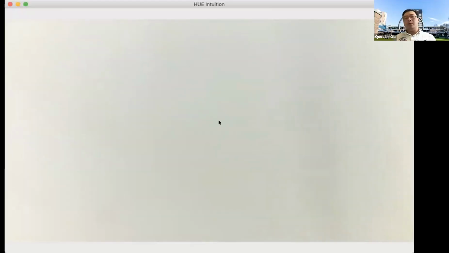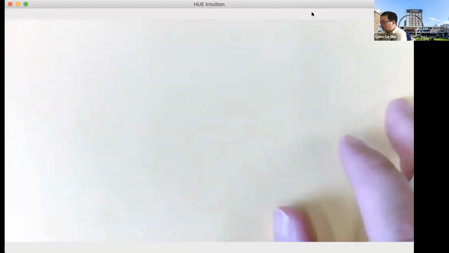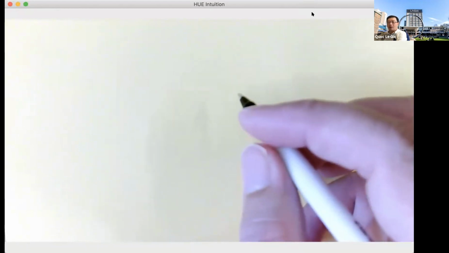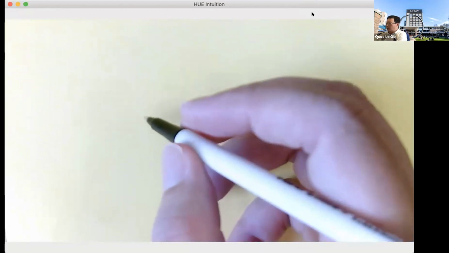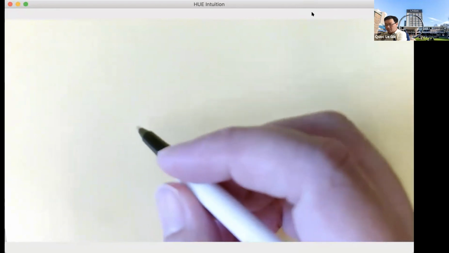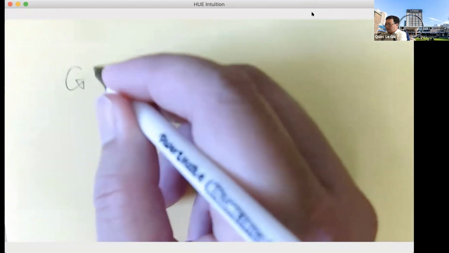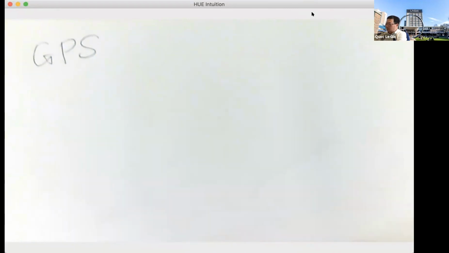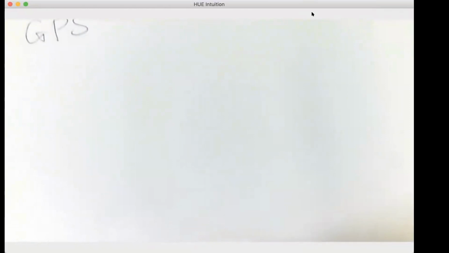So suppose you want to find out your location, right? You turn on your Google Maps, you turn on location, you turn on GPS, and then it just gives you the location exactly. But how does it work? It works based on GPS, the global positioning system.